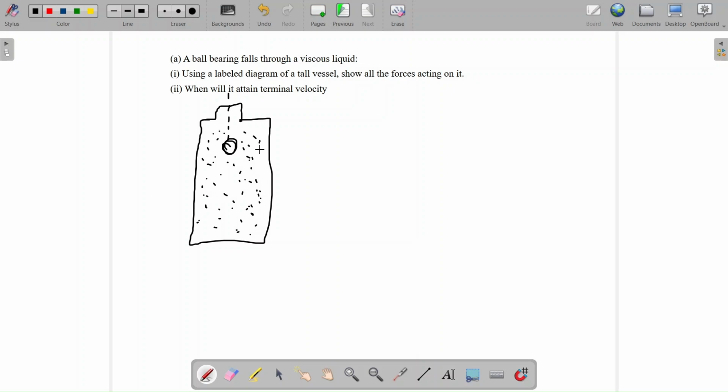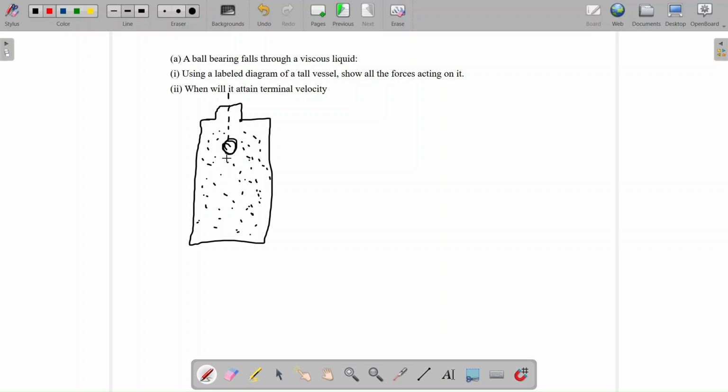If they've taught you viscosity, a viscous liquid has high density, so it doesn't allow objects to flow easily. So when an object drops, right?